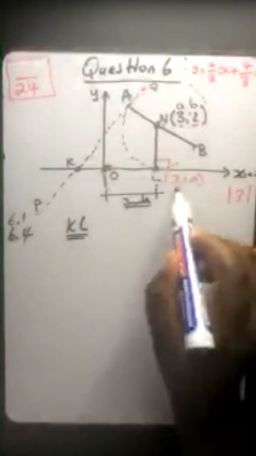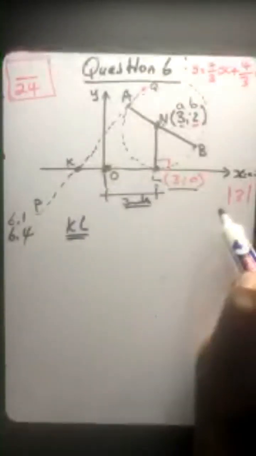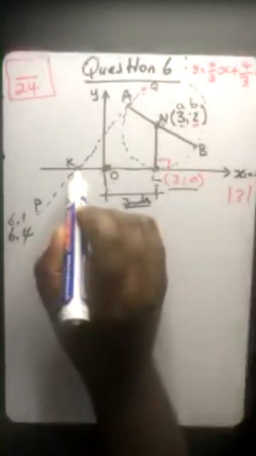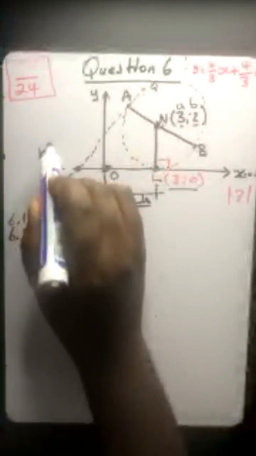I already know the length from there to there, it is 3 units. How do I know it's 3 units? It's because I know the coordinates of point L. If I can find the coordinates of K, we know K has coordinates with y equal to 0, because it lies on the x-axis.